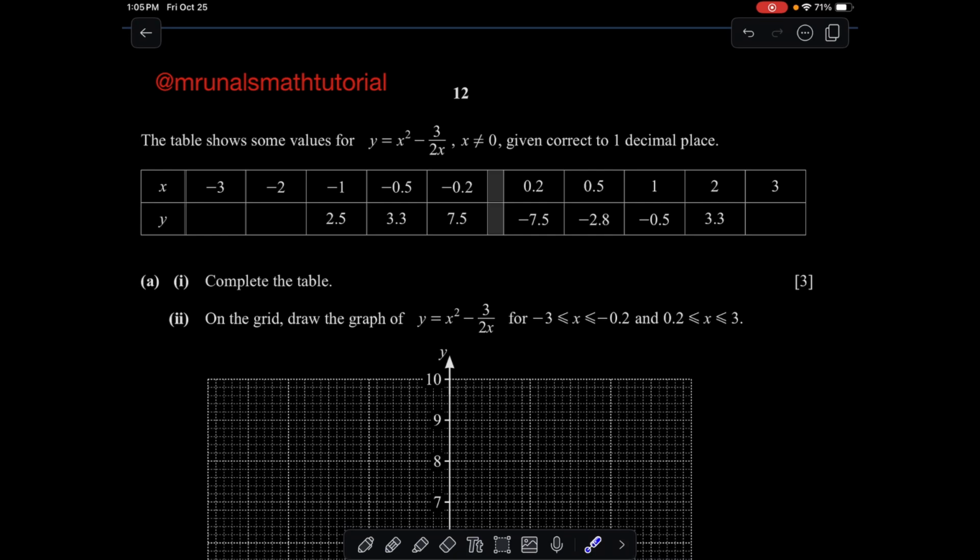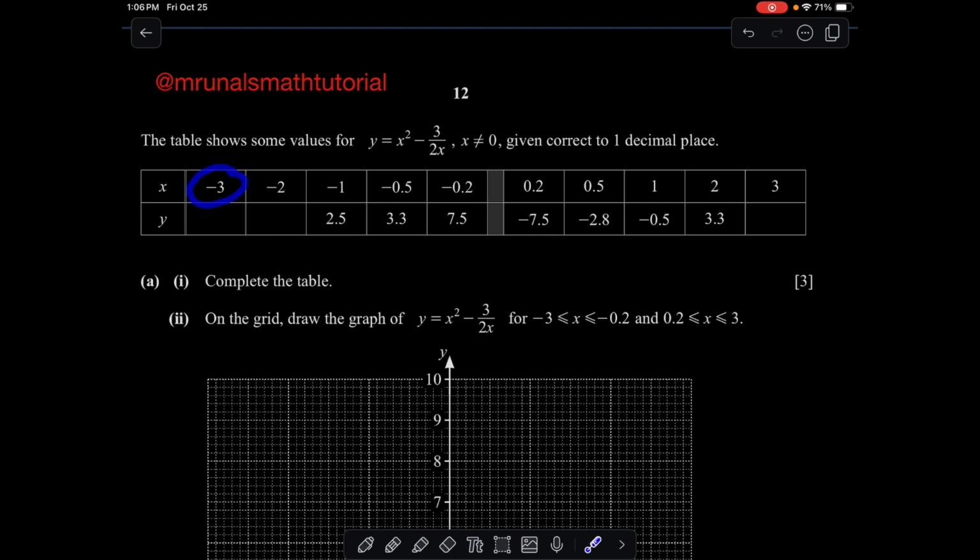One of the ways to complete the table of values is to substitute each value, or you can go to the table function on your calculator and plug in the f(x), which is x square minus 3 over 2x, and then you set the values to start with minus 3, end at 3, in steps of 0.5, or you may also substitute each value over here in place of x.